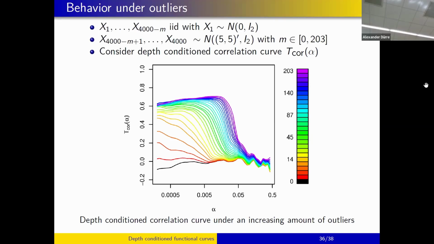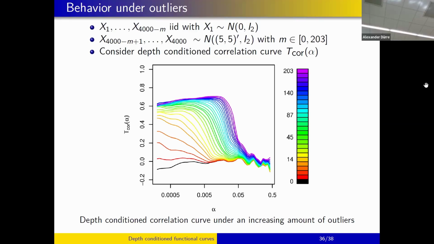And you see the more outliers, the more we manipulate this depth conditional correlation curve. But still, the inner points are not much influenced. But you see that the influence begins very little. That's also what you expect. If you have more outliers, then already the inner part of the distribution gets a little bit manipulated.